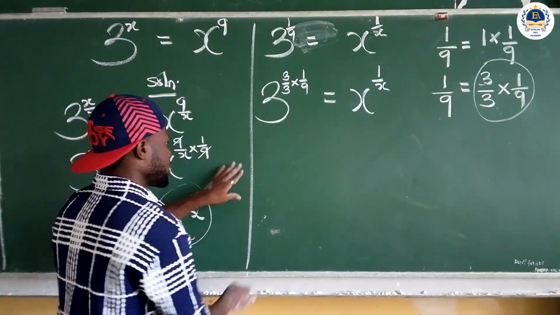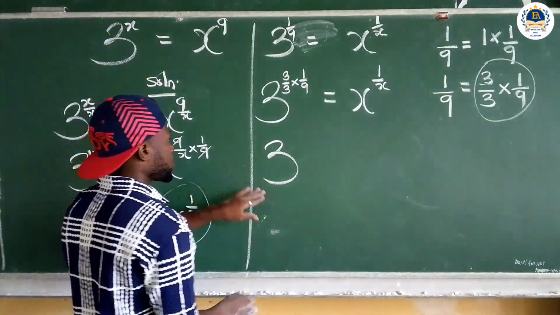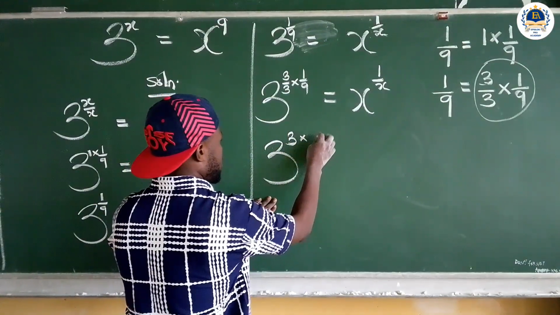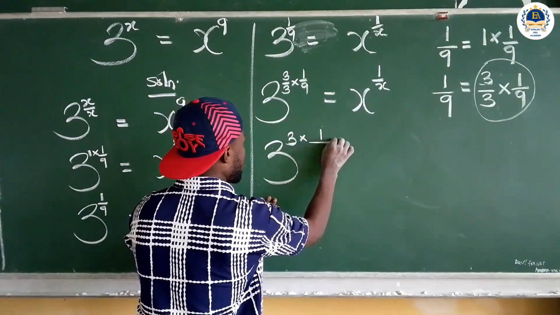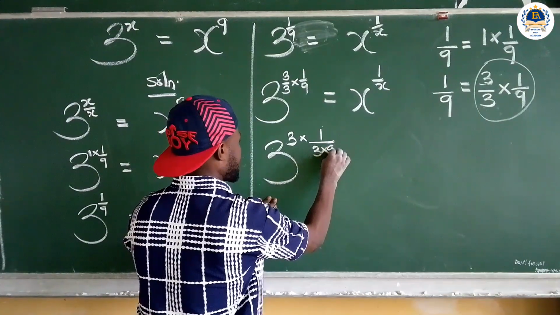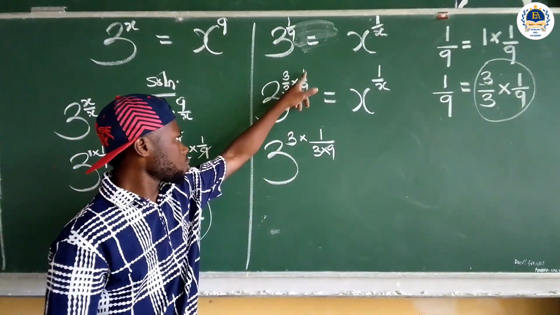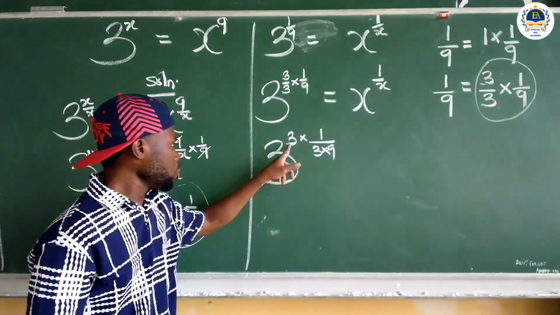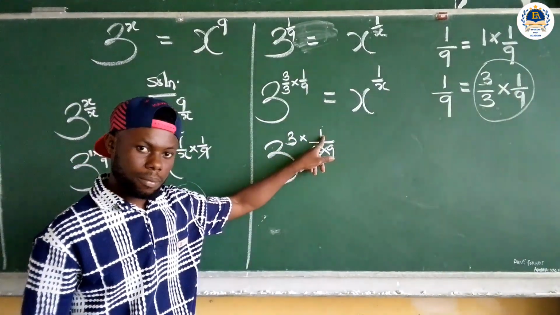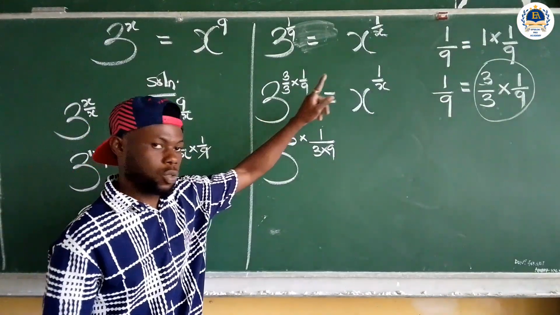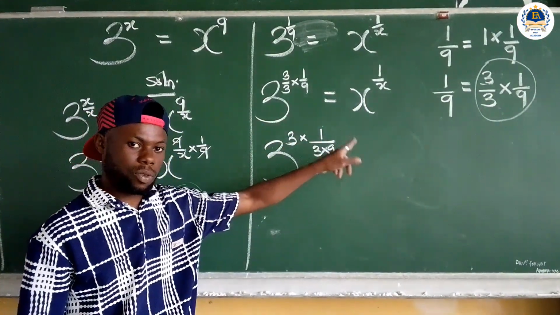Now this could also be written as 3 raised to the power of 3 times 1 over 3 times 9. Numerator, 3 times 1 is 3. Now denominator, 3 times 9 is 27.